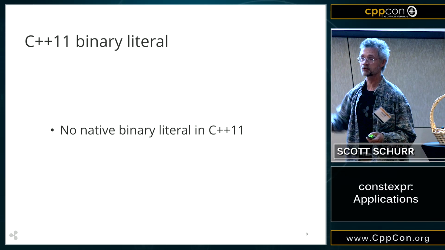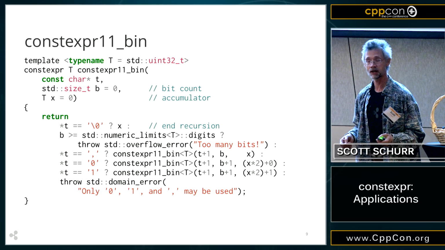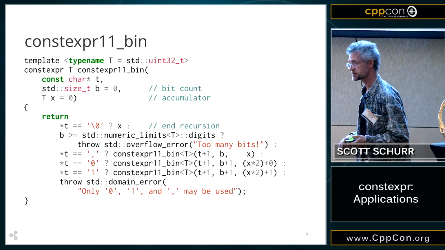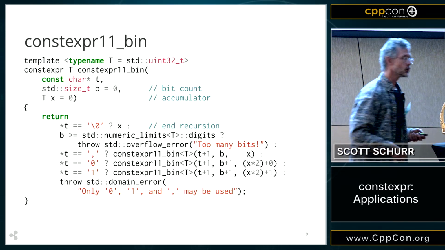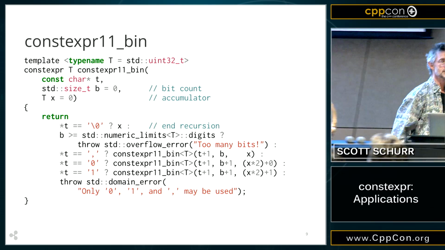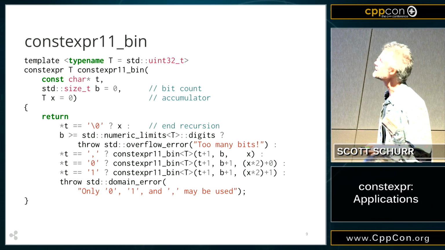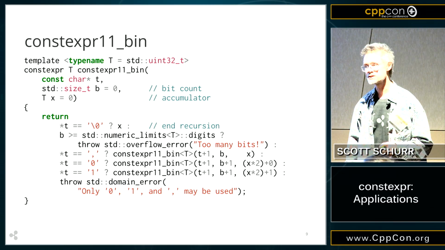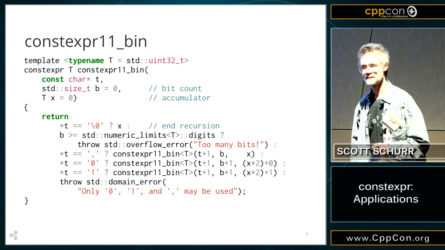So there is no native binary literal in C++11. Can we make one using constexpr? The answer is yes. This is it. That's the whole thing. No template trickery. It's C++ code. Yes, it's recursive, but it's C++ code.